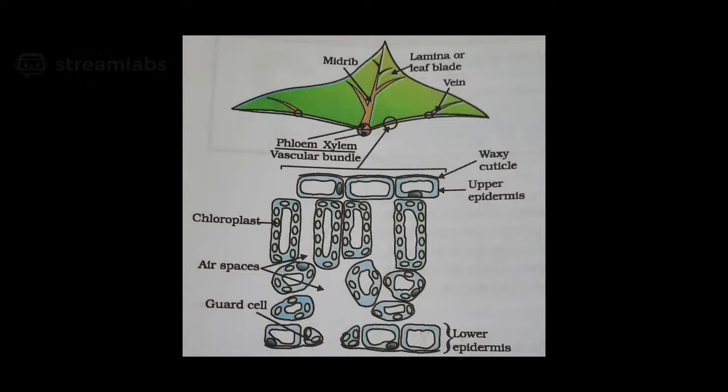The upper epidermis is covered by the cuticle, whereas the lower epidermis is interrupted by the stomata. Stomata play a very major role in plants. What is that? The stomatal pore will help in exchange of gases.